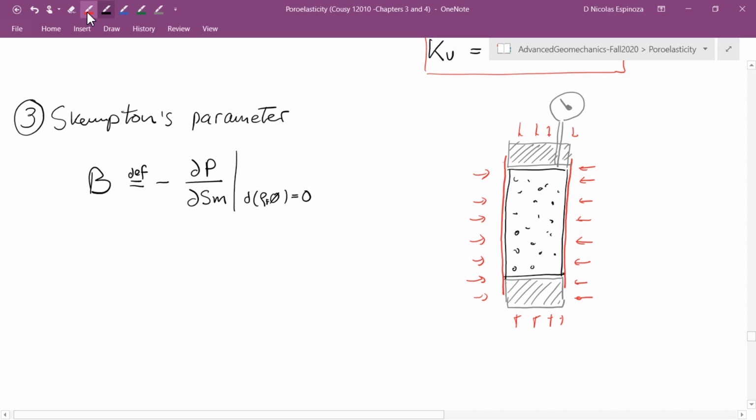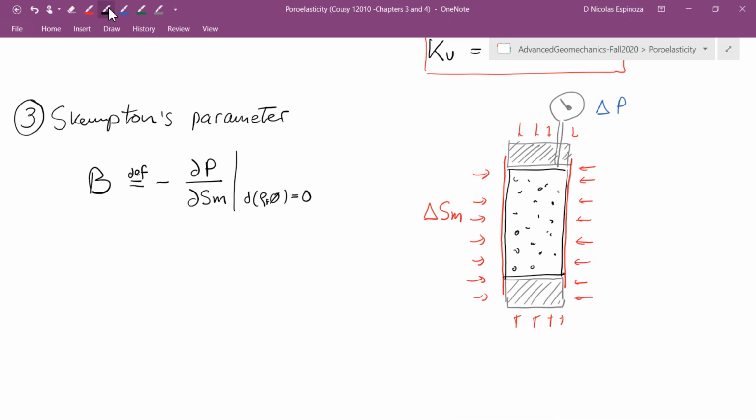And we apply this change of mean stress in order to measure a change of pore pressure in the pore space. And this is exactly what you have in this equation, and whether this change of pore pressure is comparable to the change of mean stress, that's going to tell me if the rock is saturated or not. And that's basically the Skempton parameter.